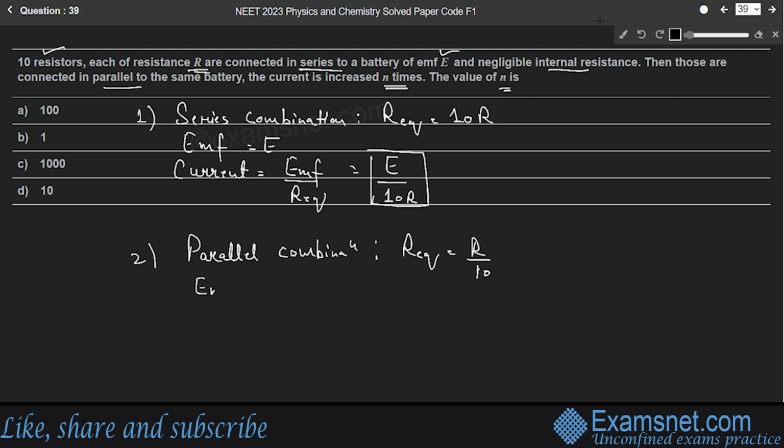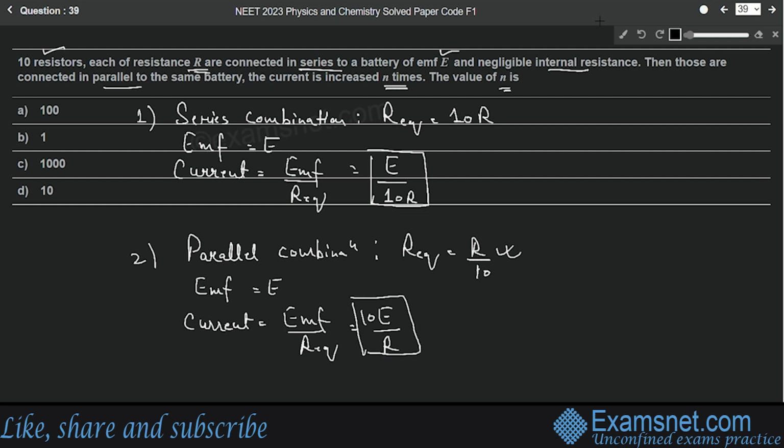And the battery is the same, so the EMF will be E only. And what will be the current in this case? Current will again be EMF by equivalent resistance, that is E by R by 10. So R and 10 will go up, so 10E by R. So this time the current is 10E by R.